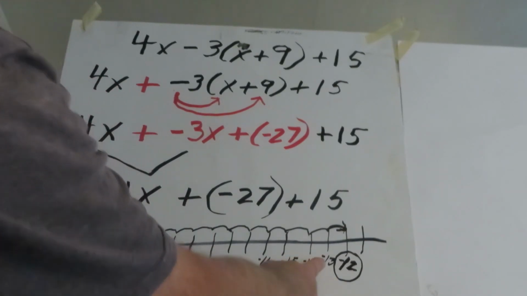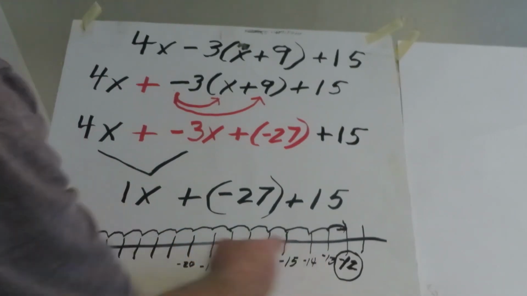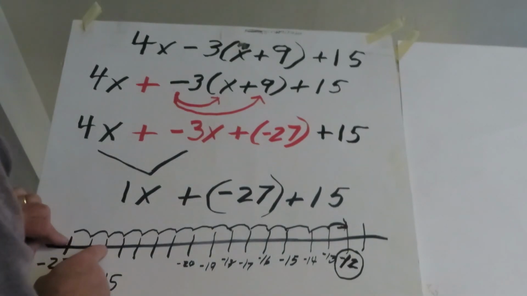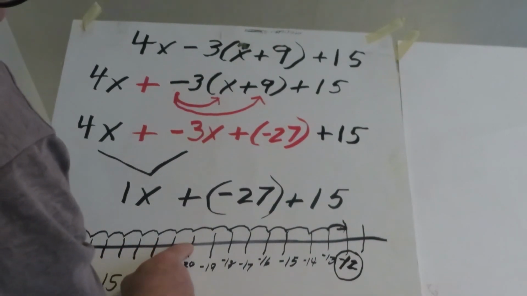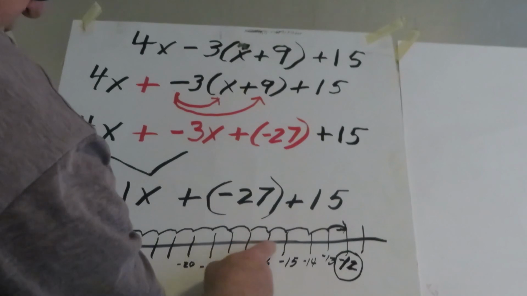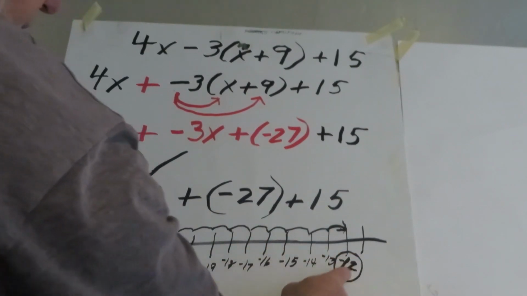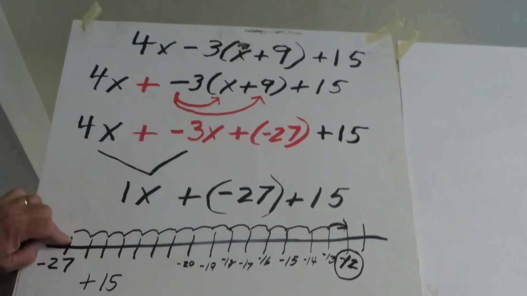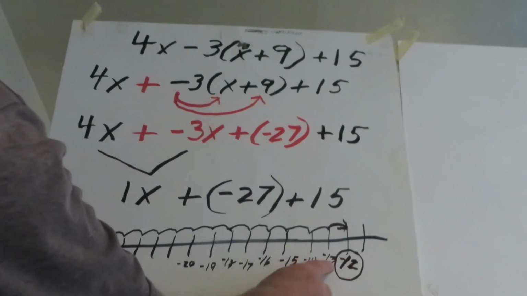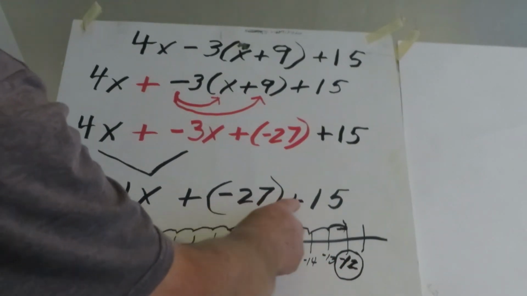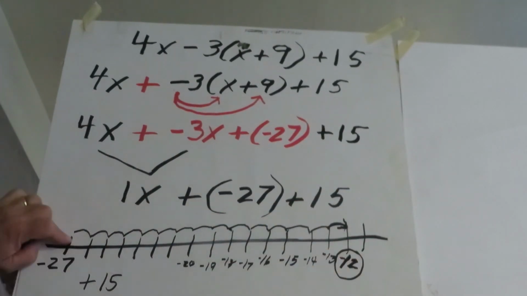It might be negative 13. Let me recount: 1, 2, 3, 4, 5, 6, 7, 8, 9, 10, 11, 12, 13, 14, 15. It is negative 12. So my final answer, negative 27 plus 15 is negative 12.